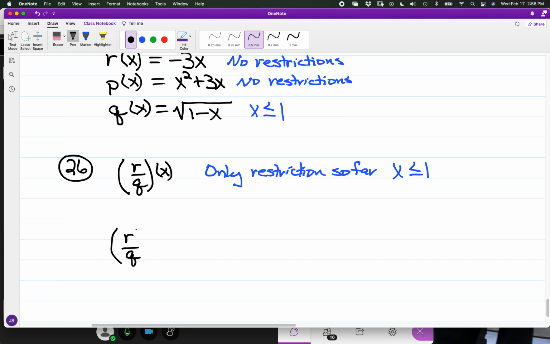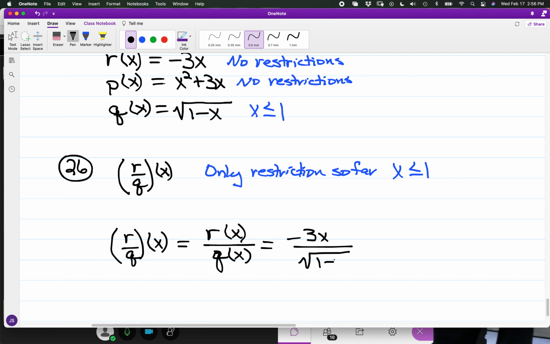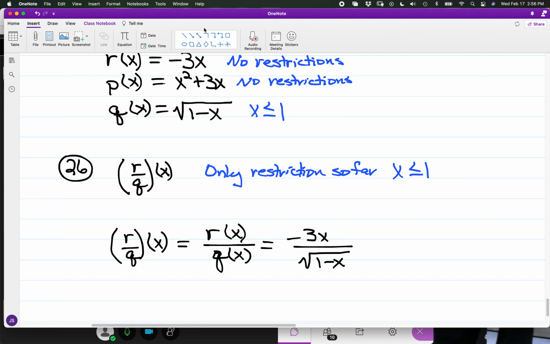And for R over Q of X, so you have R of X over Q of X. And so this will be negative 3x all over the square root of 1 minus x. Okay.